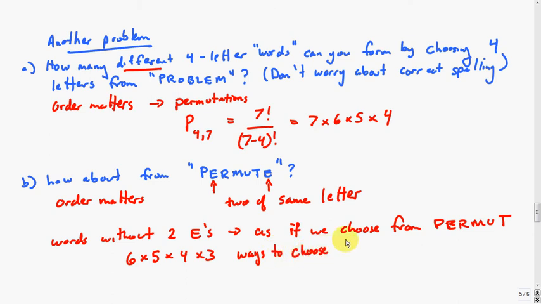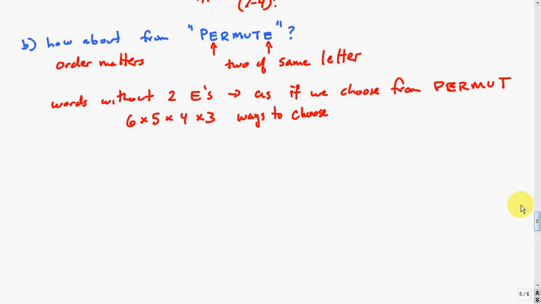But we also have to consider the case where there are 2 E's. Well, in that case, there's a lot of different places the E's could happen, but we could consider one of them. So if we have 4 letters, 1, 2, 3, 4, let's suppose for a minute that the first 2 letters are E's.